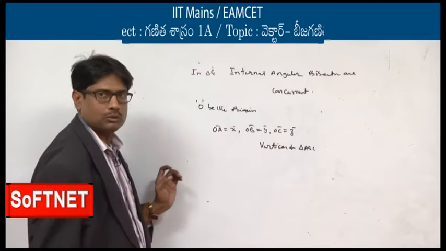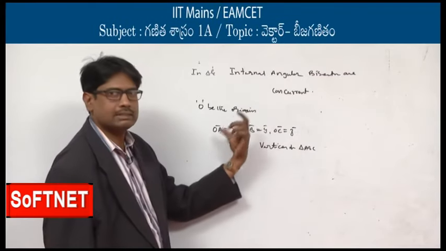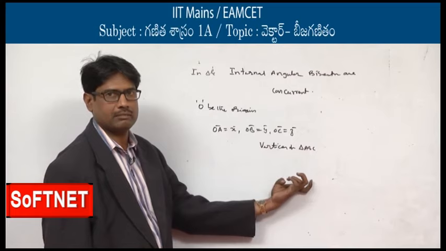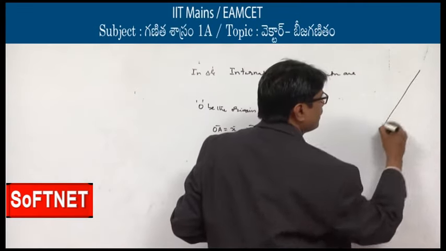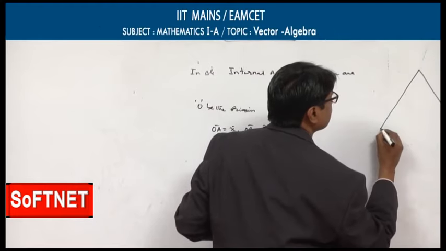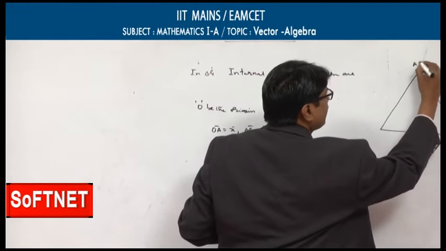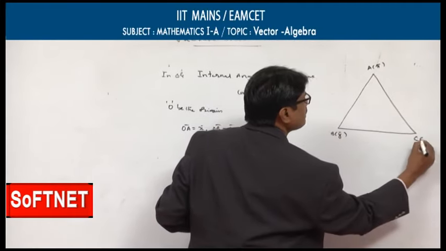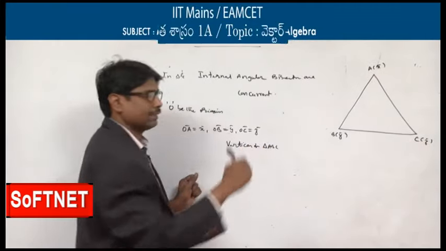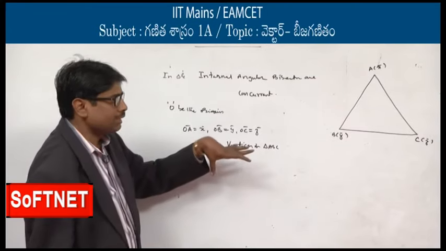Earlier also I told you, the origin may be taken inside or outside or anywhere relative to triangle ABC. Draw one triangle ABC and define the vertices: A is X bar, B is Y bar, and C is Z bar. Take their lengths.